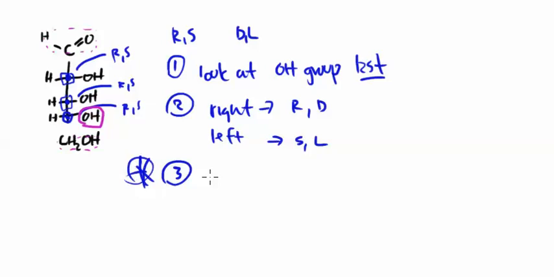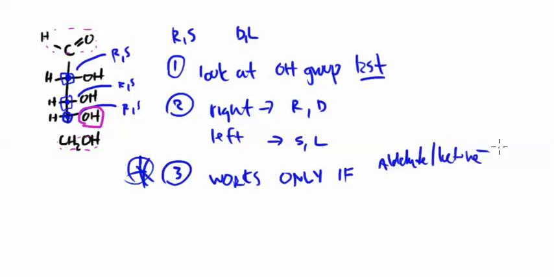This only works if the aldehyde group or the ketone group is at the top and the CH2OH group is at the bottom. That is the only way that this will work every single time.